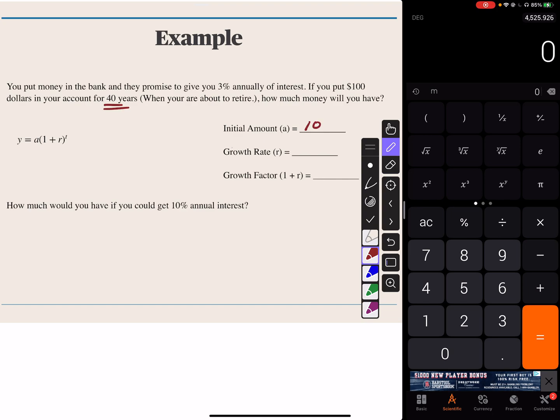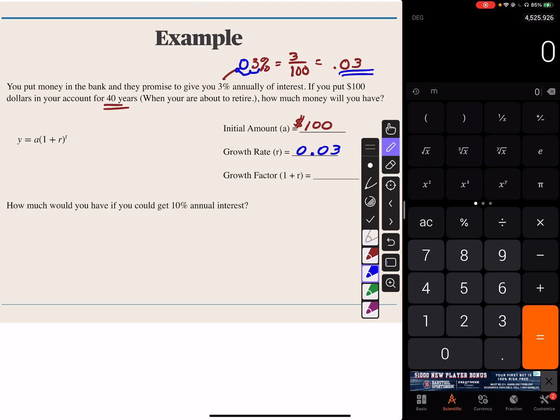Initial amount, that's your A value. You're putting in $100. You're going to grow at 3%. Now remember, this is 3%, which is 3 per 100, which is 0.03. It means move your decimal 2 spots to change that percent into a decimal value. So that's our growth rate, 0.03.